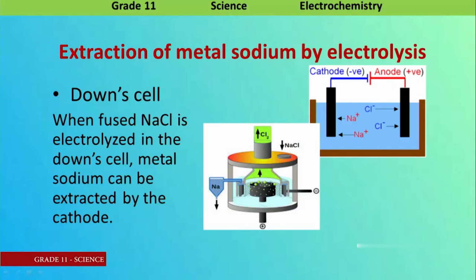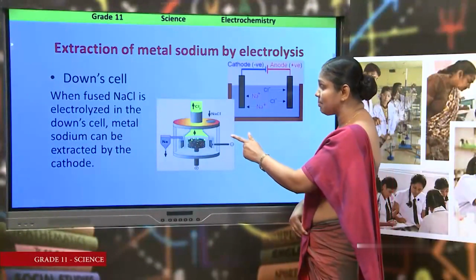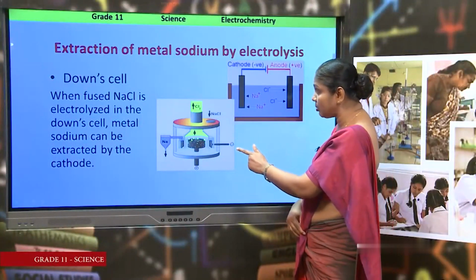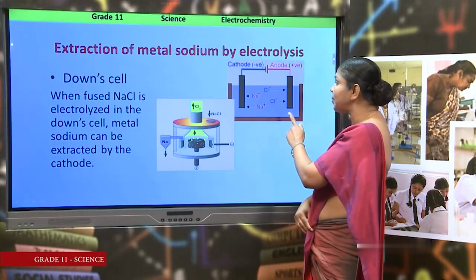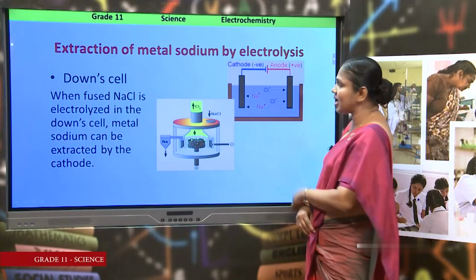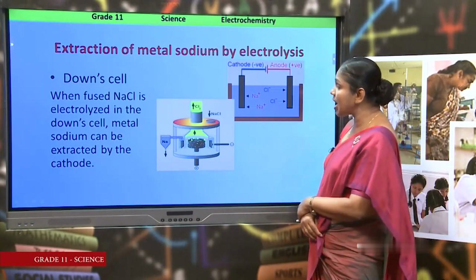Here you can see a picture of a Downs cell, children. This special cell is constructed in order to separate sodium metal attracted towards the cathode. And also there is a method here in the Downs cell to separate chlorine gas produced at the anode.